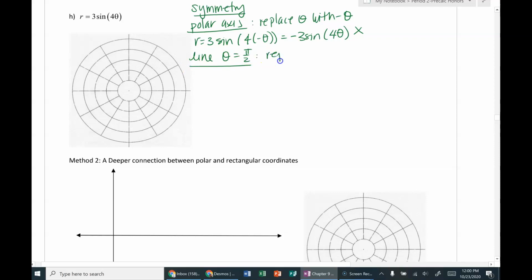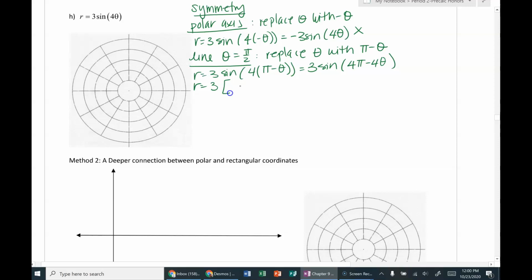So replace theta with pi minus theta. So r equals 3 times sine of 4 times quantity pi minus theta. This is the same thing as saying 3 times sine of 4 pi minus 4 theta, because then I need to bust out my difference of sine.